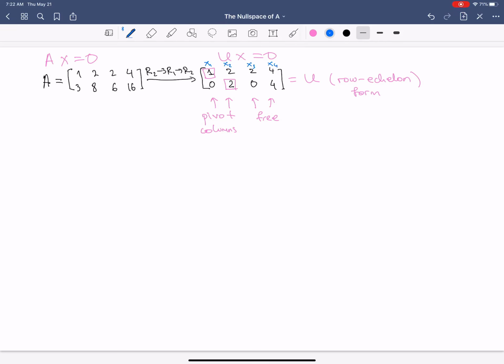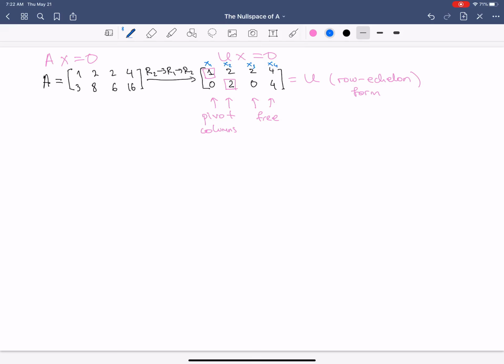Remember, these are the components of x, and this is a good example to see why the null space in this case would be a subspace of R4, because there are 4 columns in the matrix A or in the matrix U. So when you look at a particular matrix, you know immediately where the null space needs to be. The null space would be a subspace of R^n, where n stands for how many columns the matrix has.